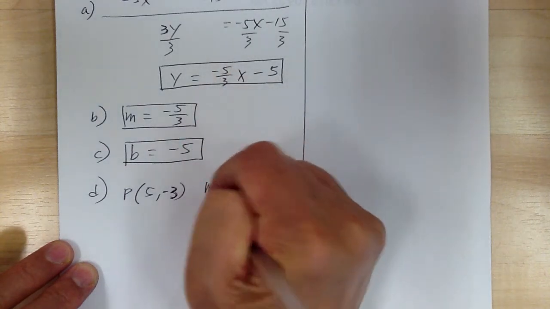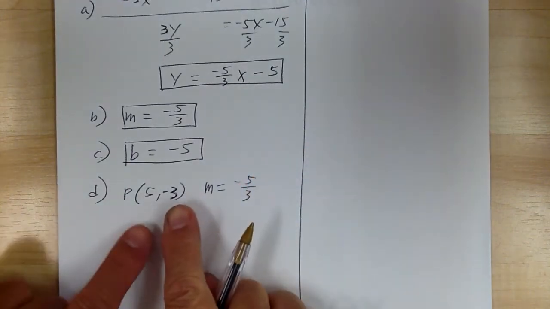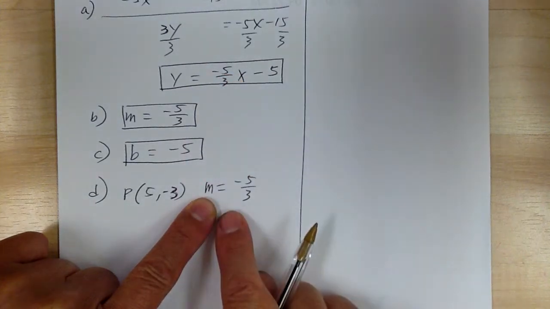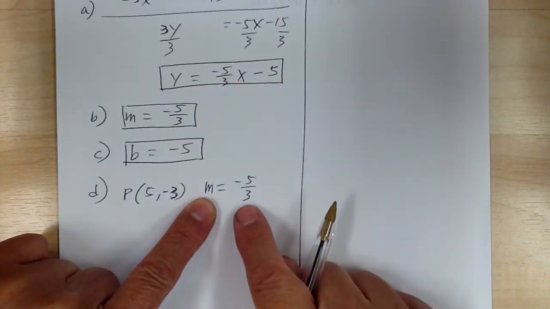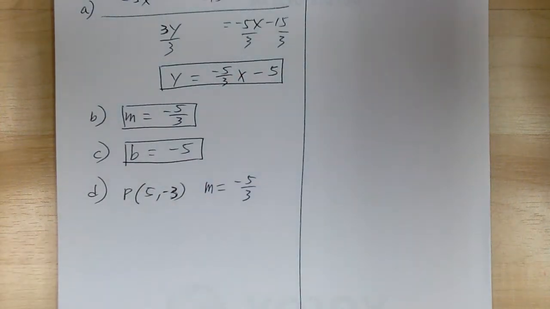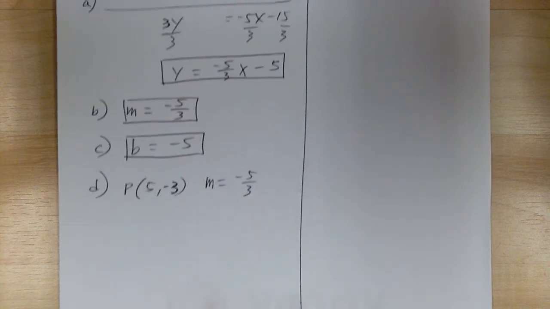So the slope is equal to negative 5 over 3. Again, parallel lines have the same slope. That's what the information is trying to tell you.